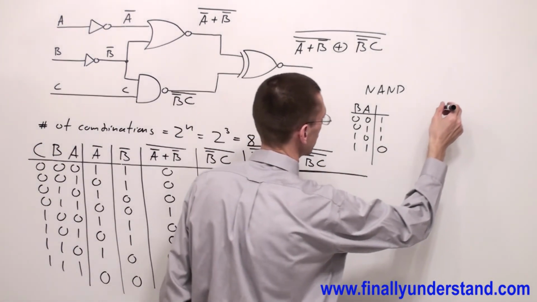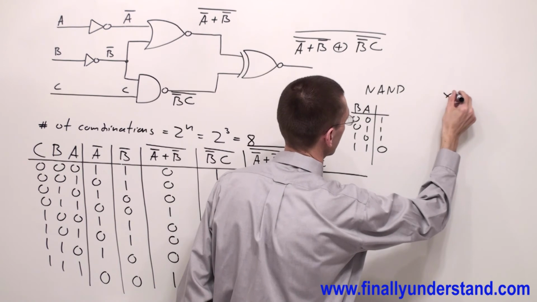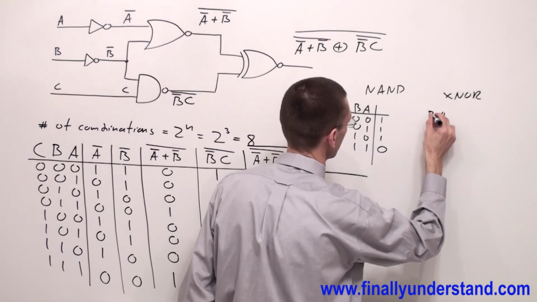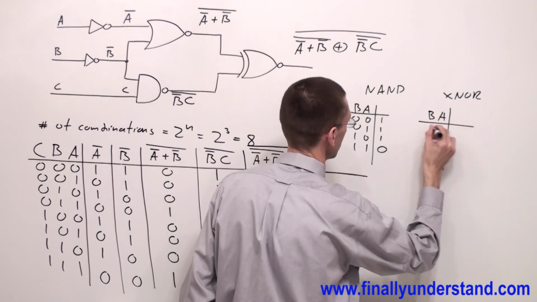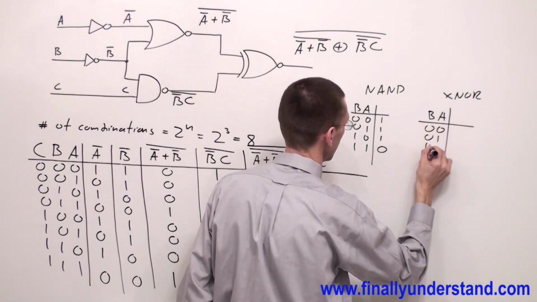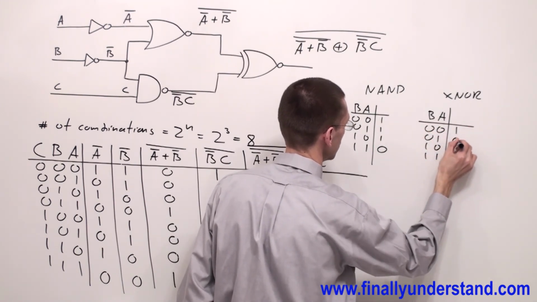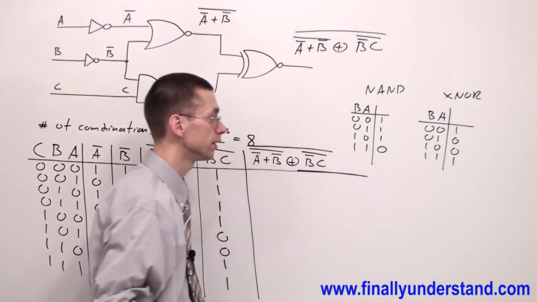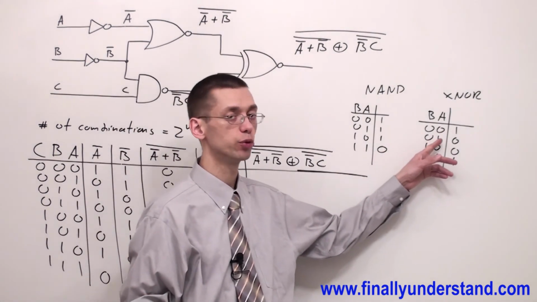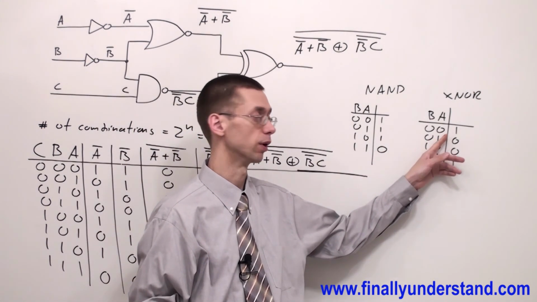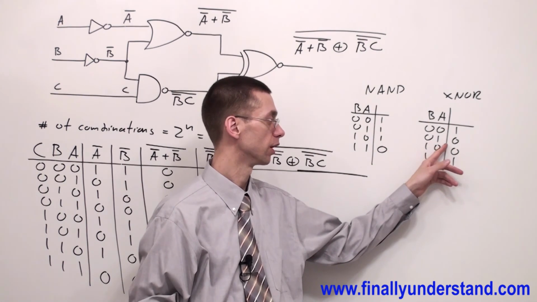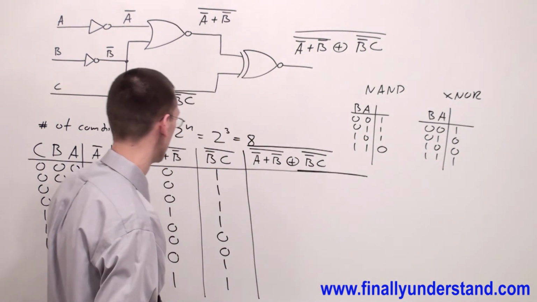The truth table for exclusive NOR says, we have A, B, 0 0, 0 1, 1 0, 1 1, and outputs 1, 0, 0, 1. Anytime we have the same inputs, output is 1. Anytime we have different conditions on the input, output is going to be 0.